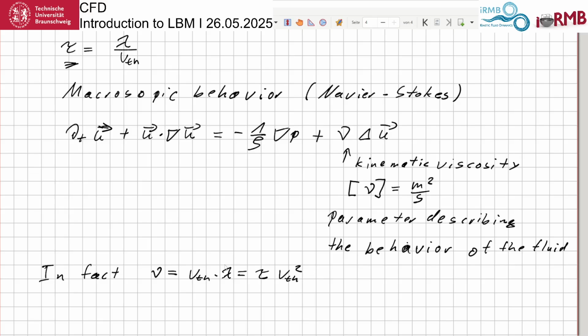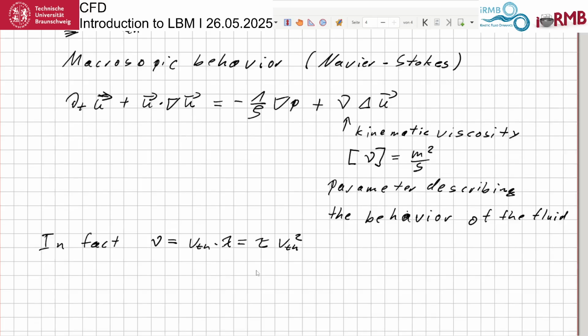So that you observe macroscopically that you observe diffusion means there need to be molecules.